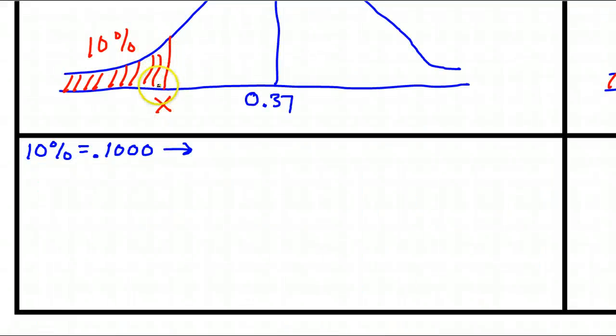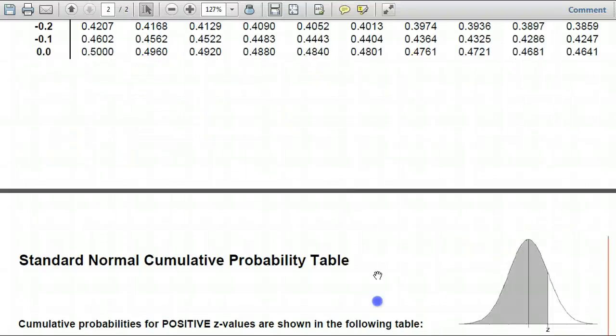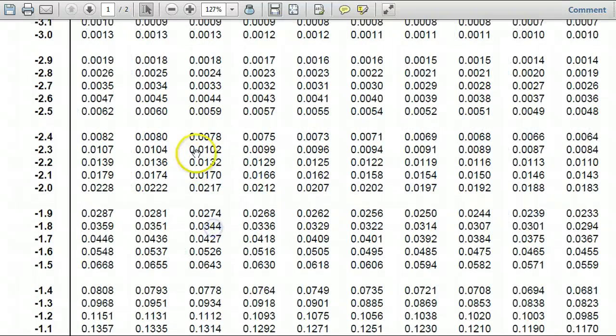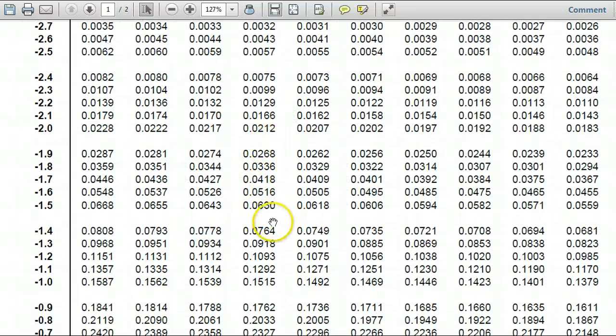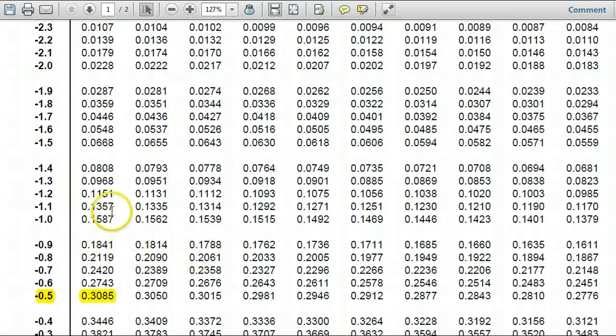You see it's on the left, so you know this is going to be a negative z-score. So let's just jump to the negative side for sure. We're looking for 0.1000. So I see 0.1s, 0.9s, 0.9, 0.1. I'm looking at this value and this value. 0.1000 is somewhere in between these two.